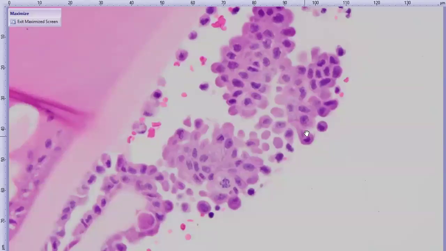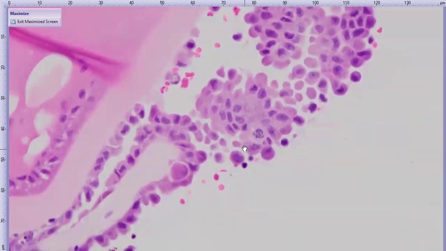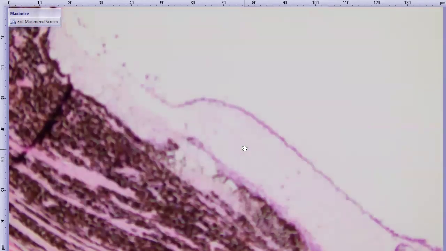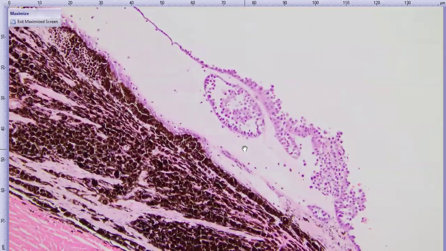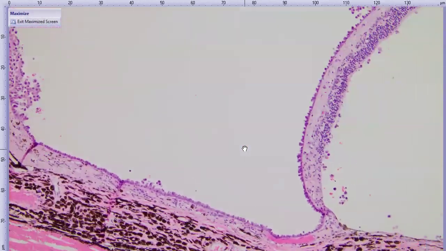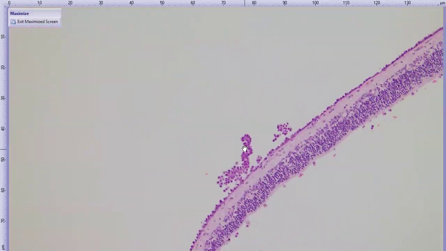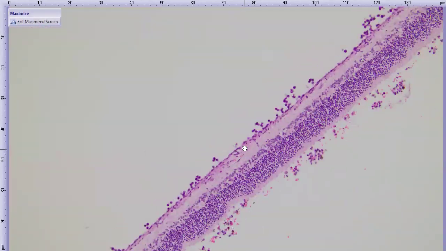Got a nice mitotic figure here. So we've got these little clusters of polygonal cells with eosinophilic cytoplasm, round to oval nuclei, and finely to densely stippled chromatin. And if we follow these cells around, we can see that they form a nice little line all across our retina.